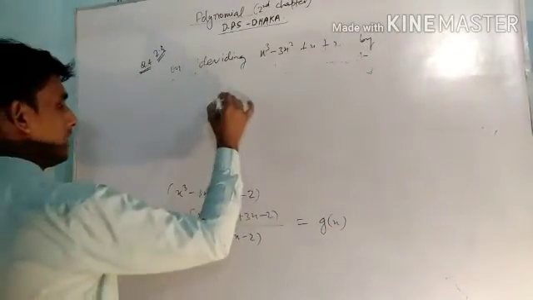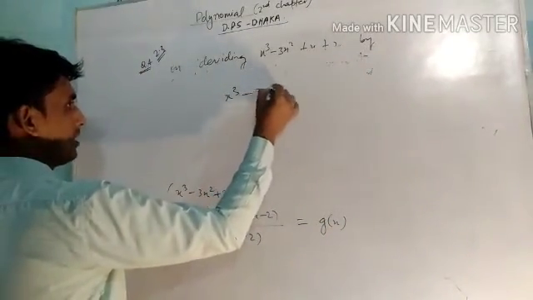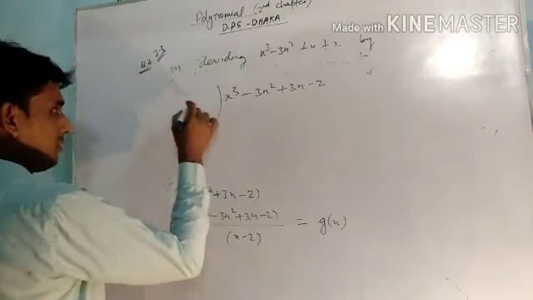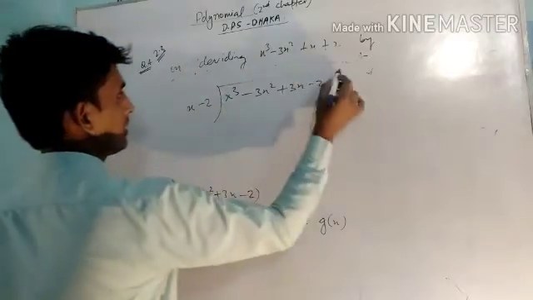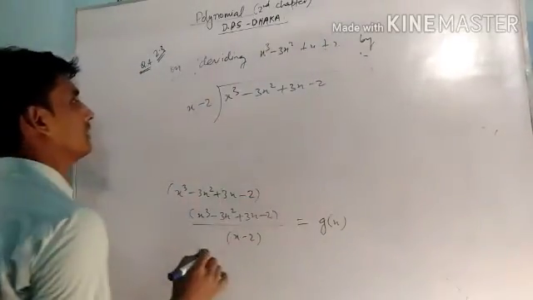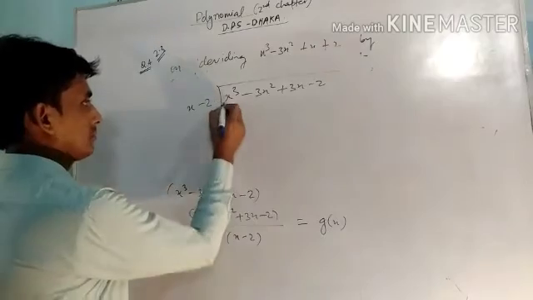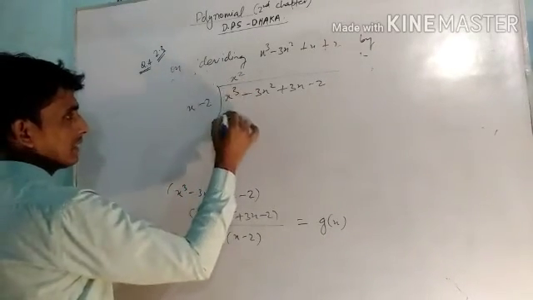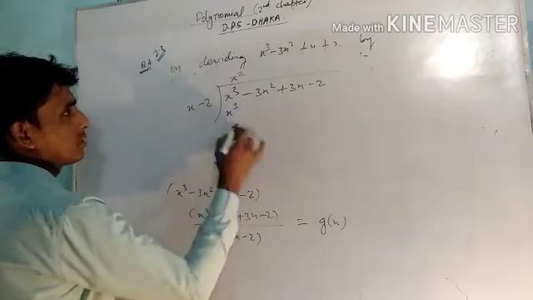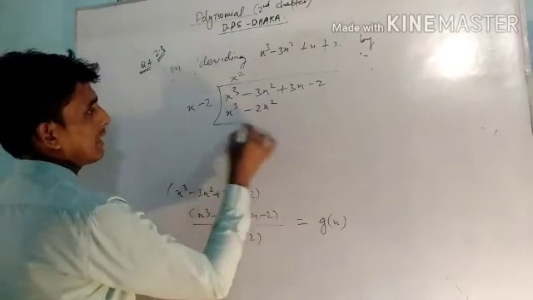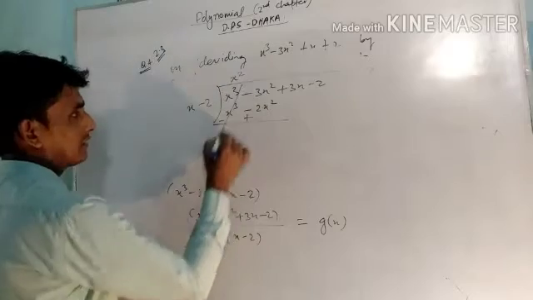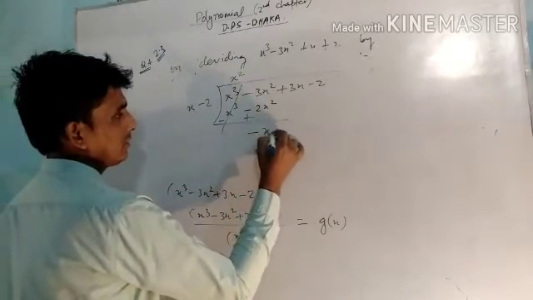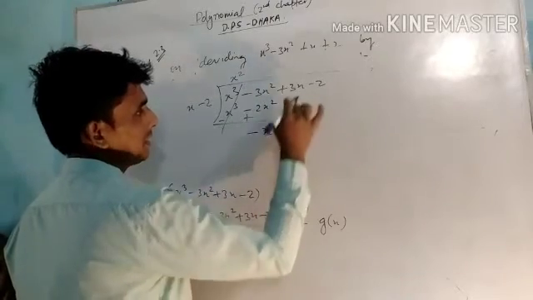So we have the polynomial x cube minus 3x square plus 3x minus 2. We will divide it by x minus 2. So we will multiply this with x square. x into x square will become x cube, minus 2 into x square is minus 2x square. The sign will change and this will cancel out. This is plus 2x square, this is minus 3x square, so it will become minus x square plus 3x.